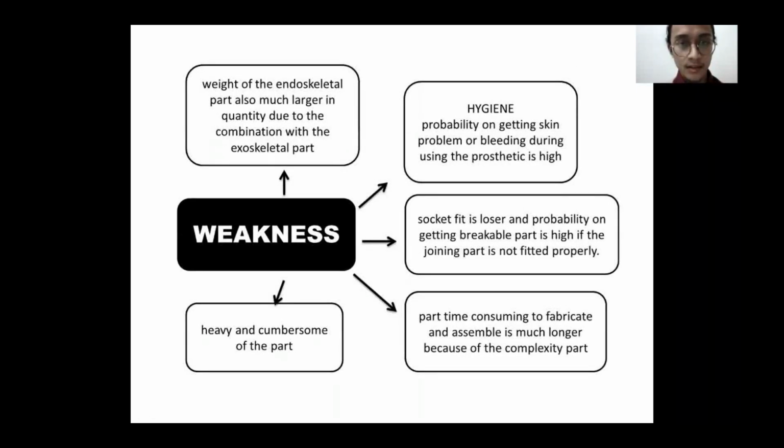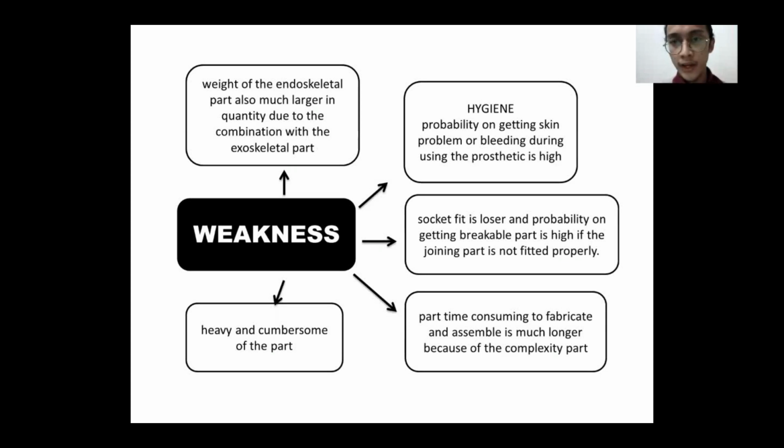For the weaknesses of the old product, the weight is much larger and the size is much bigger because of the use of materials such as stainless steel, which is much heavier, so it's not suitable for a person to use as a prosthetic hand.